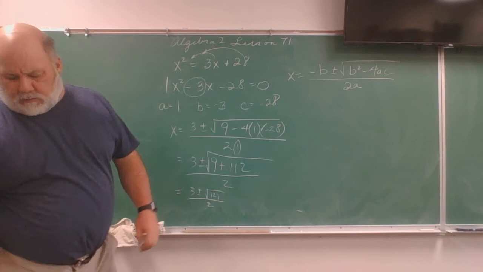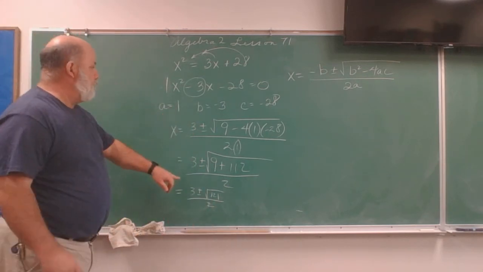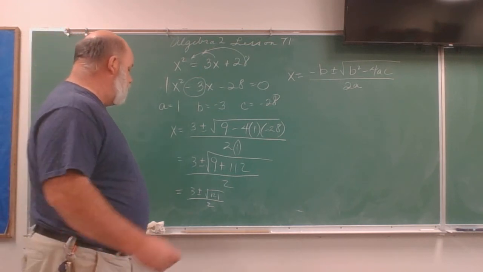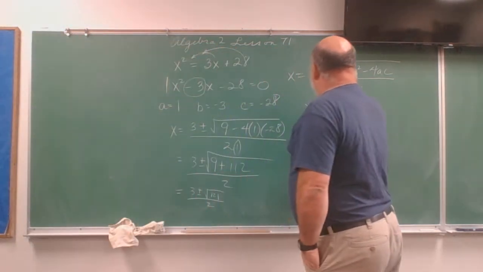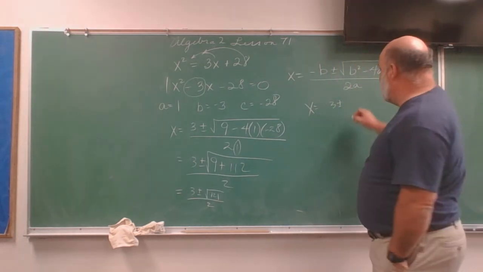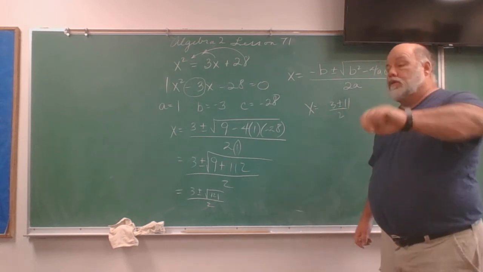Am I right? I'm checking my work. That's going to come out with a very, very nice number. Yes, it is. Great. So, 3 plus or minus the square root of 121, which is 11, over 2. Two answers that we're going to get.